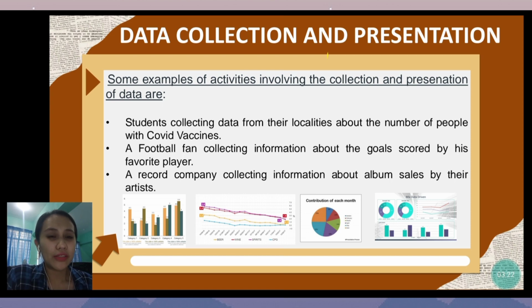Third one is a record company collecting information about album sales by their artists. That's very important for businesses, like record businesses, so that they will see if they are getting a lot of sales based on the records that they are producing.